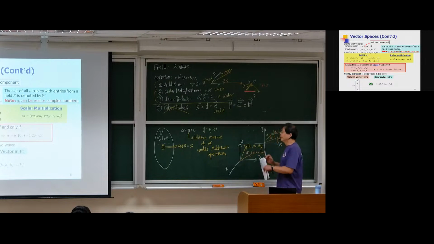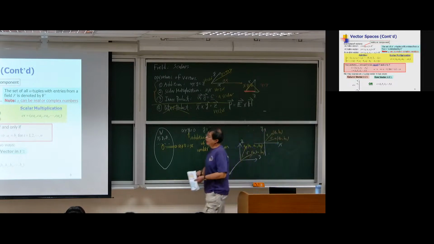So we will not add a1 to b2, because they have different meanings. a1 cannot be added to b2 because they are on different axes. We will only do the addition on the same axis: a1 and b1 on x, a2 and b2 on y, and a3 and b3 on z.